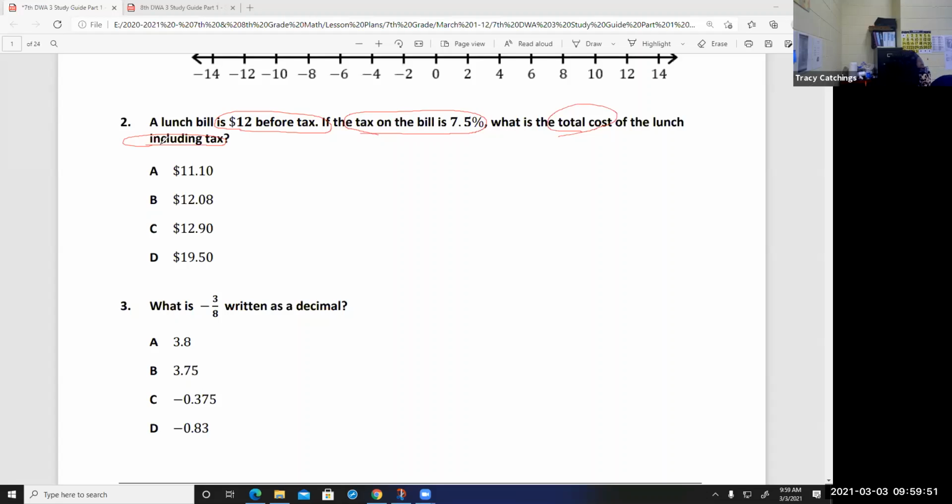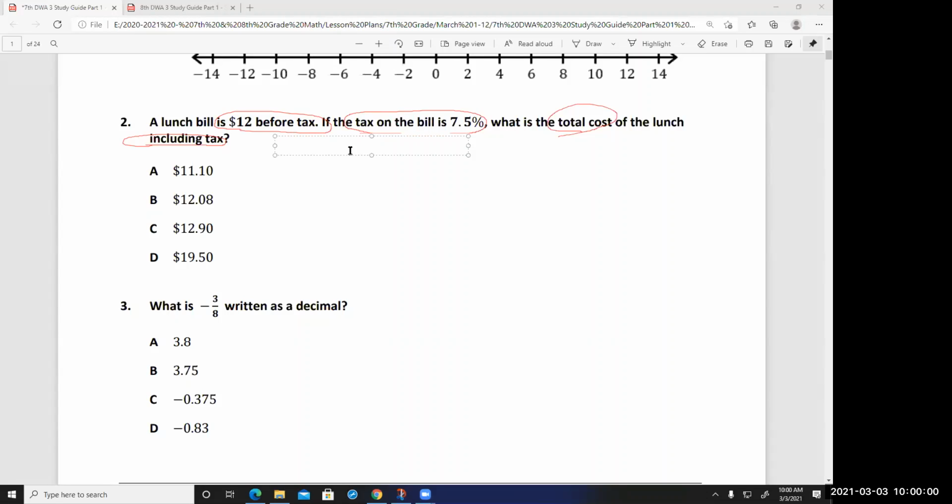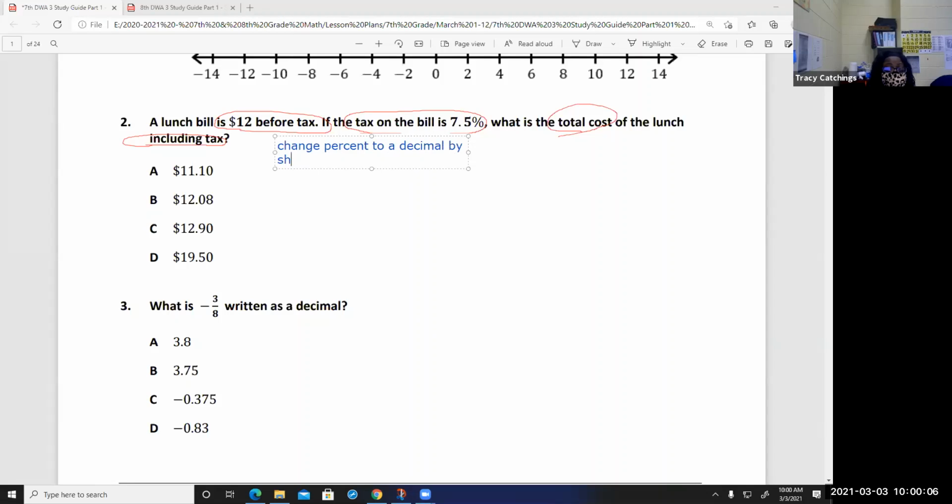What we need to do? Change percent to a decimal by shifting that decimal 2 places to the left.